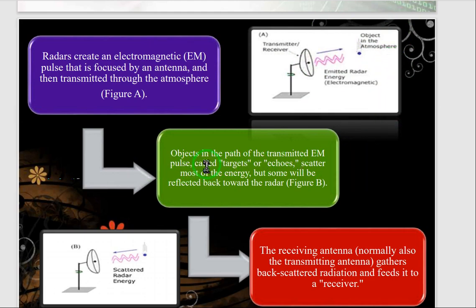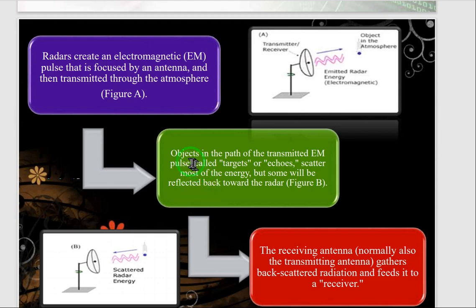After that, objects in the path of the wave, called targets, scatter most of the energy as echoes, but some will be reflected back toward the radar.